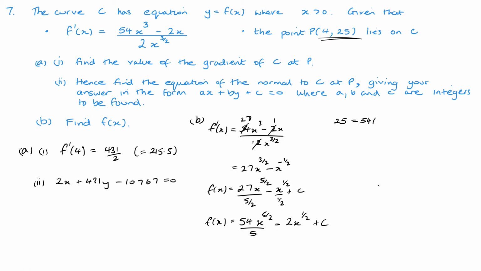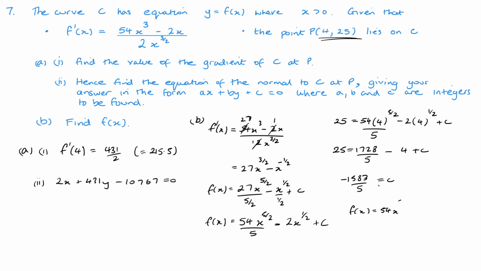So 54 times 4 to the 5 over 2 over 5 minus 2 lots of 4 to the 1/2 plus c. Therefore, f of x equals 54x to the 5 over 2 over 5 minus 2x to the 1/2 minus 1583 over 5.